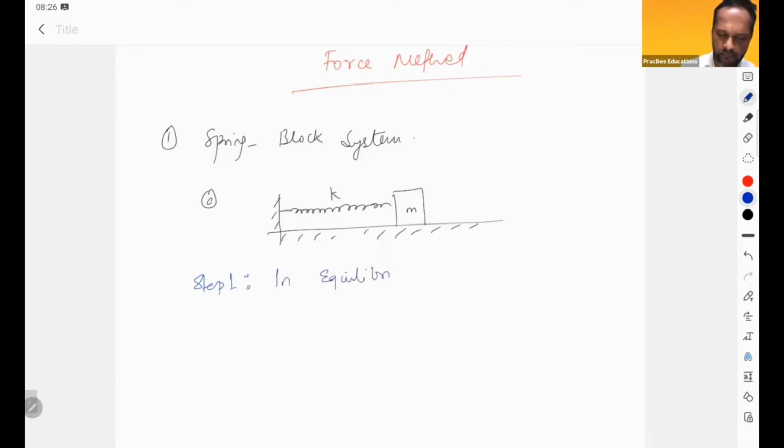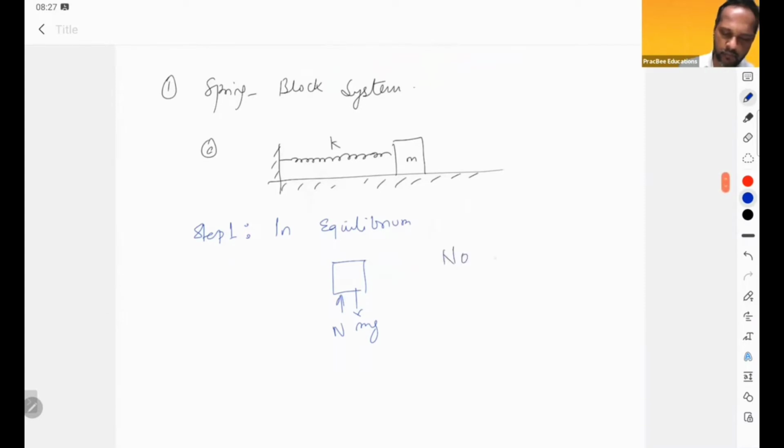You will draw a free body diagram of this block in equilibrium. So in equilibrium, there will be N and mg. There will be no force in the horizontal direction, no force in the direction of motion.